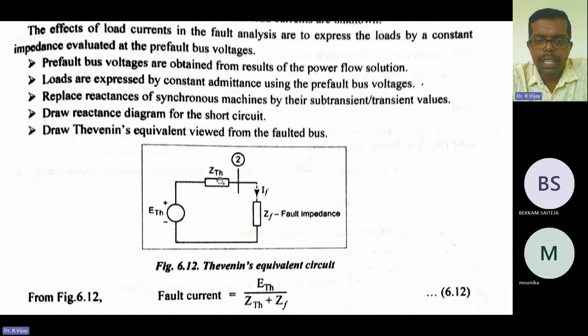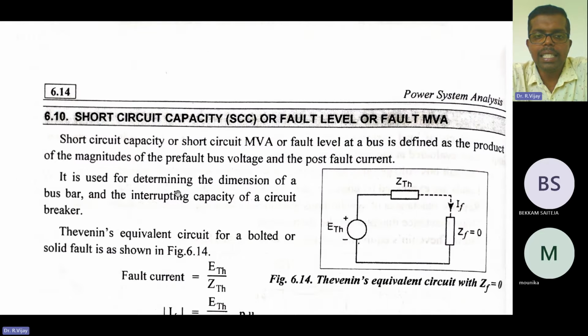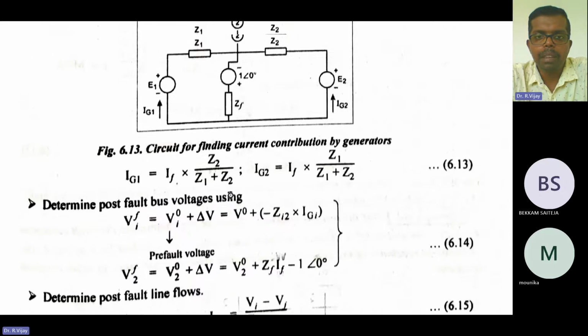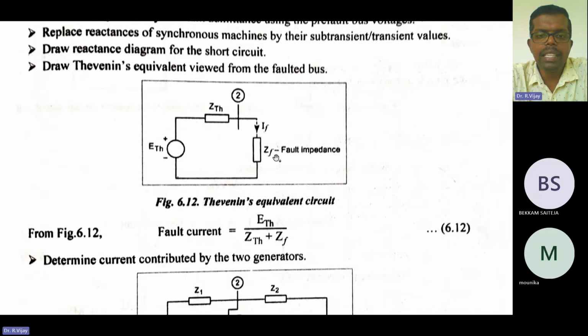So if you replace all the voltage sources by one source, and the impedance by the Thevenin's impedance connected in series with the Thevenin's voltage, and say the fault occurs here, then this is the fault current IF and the fault impedance ZF. That is the Thevenin's equivalent circuit.